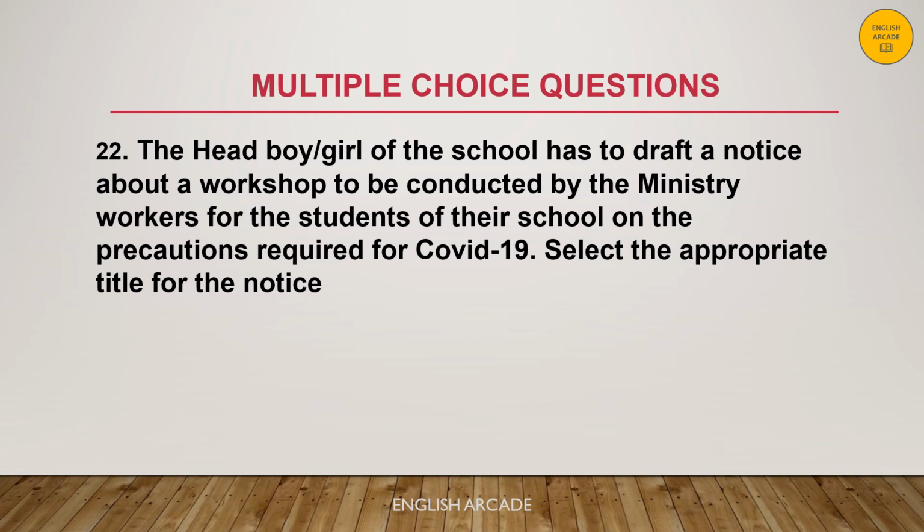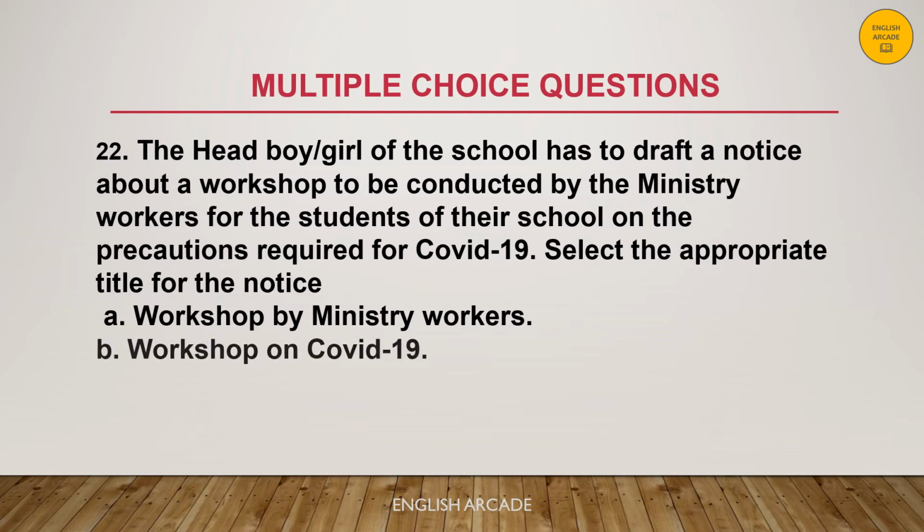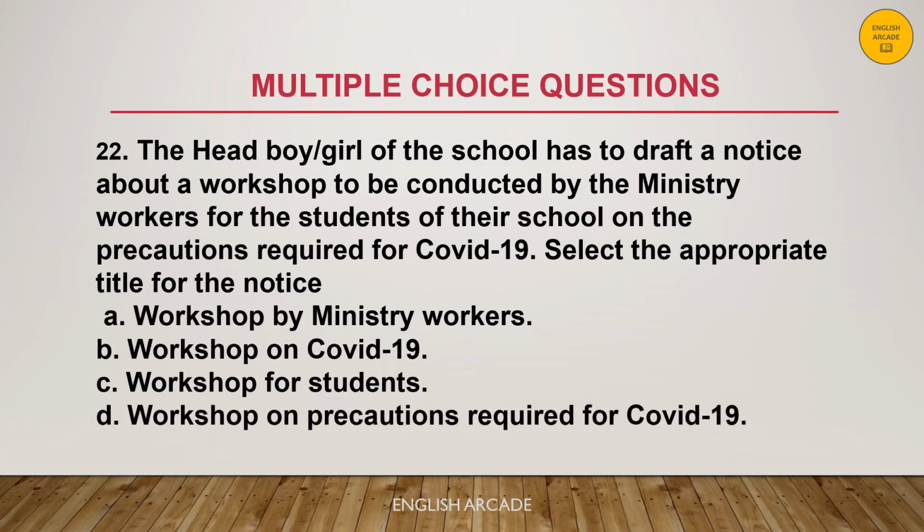The options are A. Workshop by ministry workers, B. Workshop on COVID-19, C. Workshop for students, or D. Workshop on precautions required for COVID-19. If you read the question carefully, you will understand that we have to be very specific when it comes to the title, and the most appropriate title is D. Workshop on precautions required for COVID-19, because that is what the workshop will revolve around.